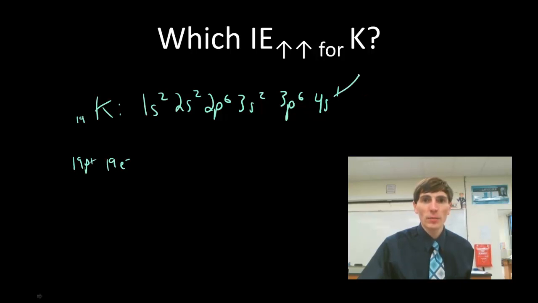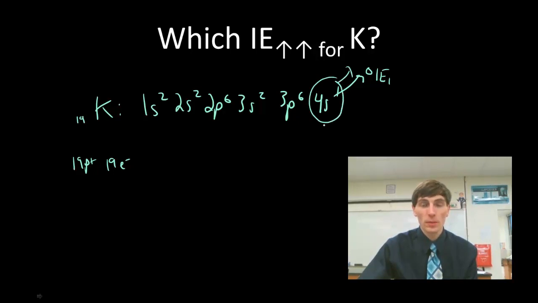So IE1, we're going to take away one of these little electrons, and that's going to do what with that fourth energy level? Remove the electron from it. So now it's empty. So my K plus 1, IE1 is equal to 418 kilojoules per mole.